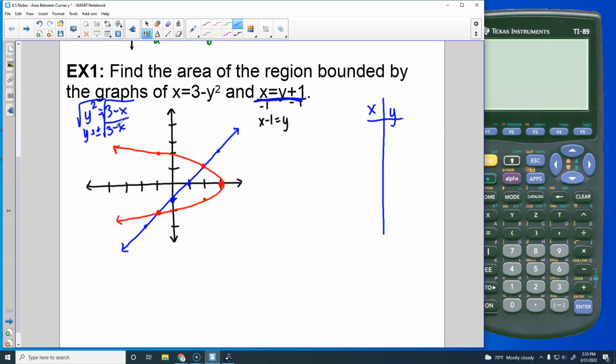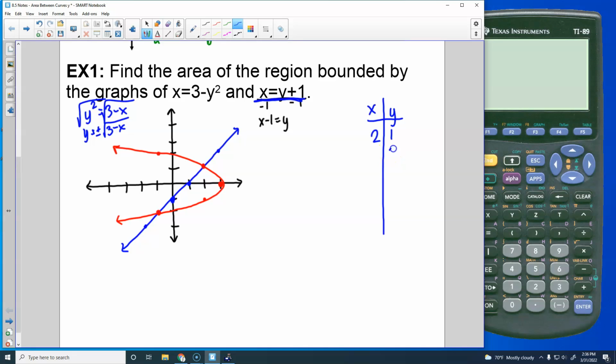You can do it that way, or you can plug numbers in. If you plug in for your y, like 1, 3 minus 1 squared would give you 2, so that gives you the point (2, 1).